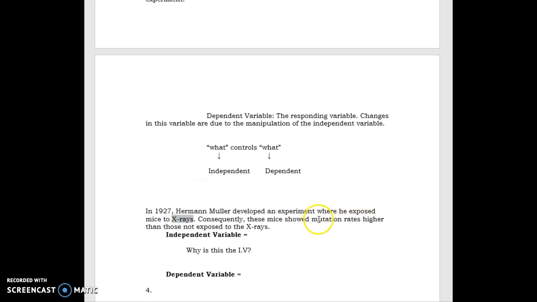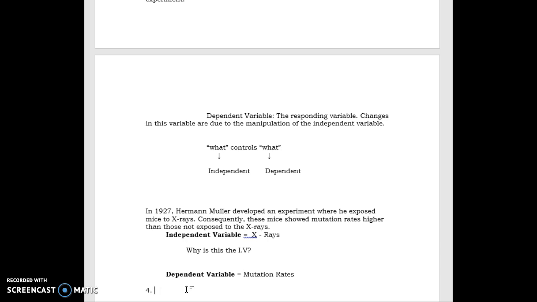So let's put that into a simple sentence. X-rays control mutation rates, or mutation rates control X-rays. Which one sounds more logical to say? X-rays control mutation rates. So because that is the case, X-rays will thus be our independent variable. Our dependent variable will be our mutation rates, because the X-rays control those mutation rates.